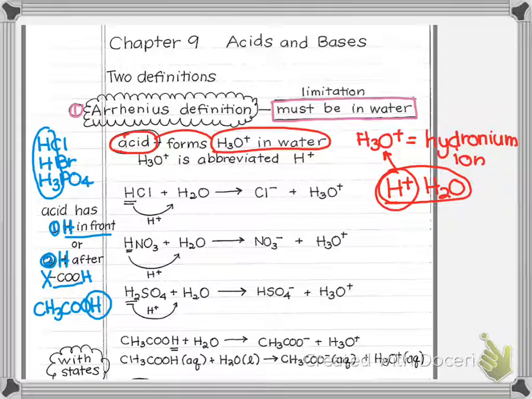So let's take a look at these equations and how the interaction in the water creates the definition of the hydronium ion in water. So this first one is hydrochloric acid, and you see the hydrogen here that's in the front of the formula. And the H+ comes off the acid and goes into the water. So H+ and H2O together make H3O+.